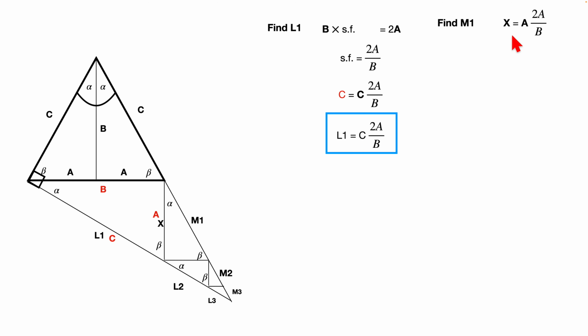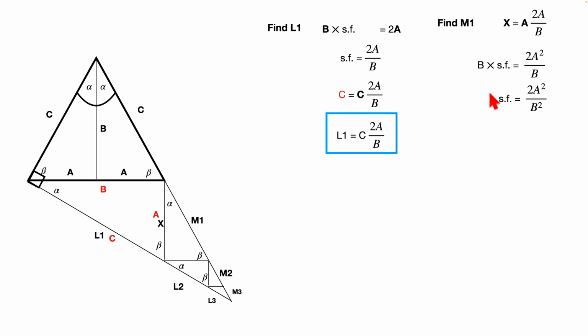So X is equal to A times 2A over B. It's also the B side of this triangle, because we're in here now. B here has been multiplied by a scale factor and become this length, this X. So B times the scale factor, this is a different scale factor which relates the triangle to this size, is equal to 2A squared over B.